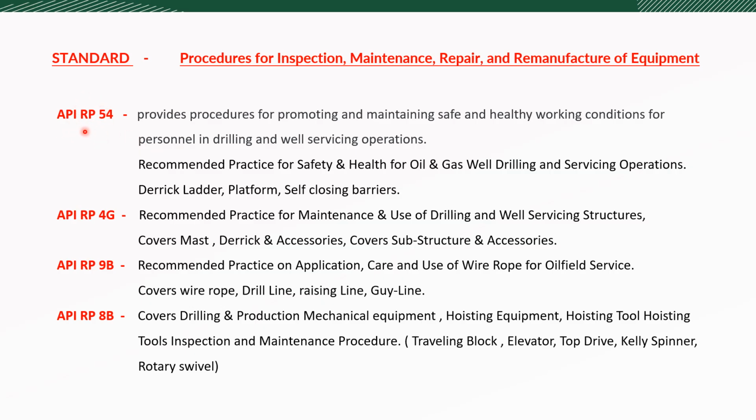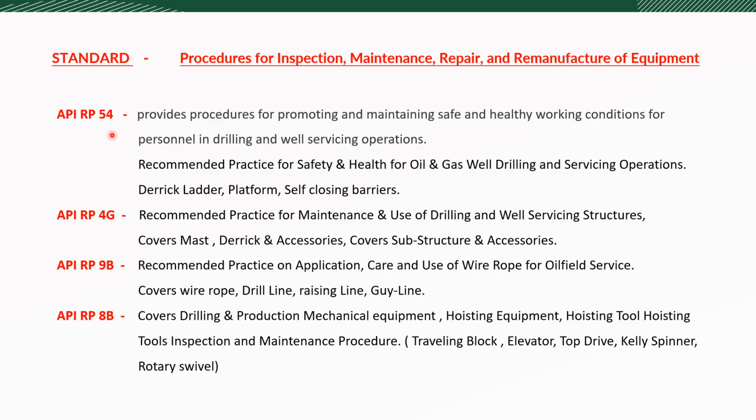So when we hear API RP 54, where API means American Petroleum Institute and RP means recommended practice, this is a specific number, and we have to understand it is related to safety.